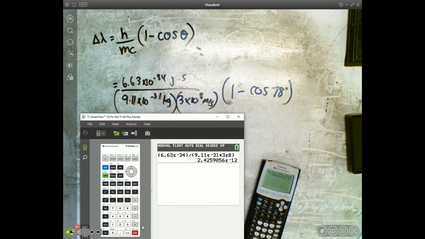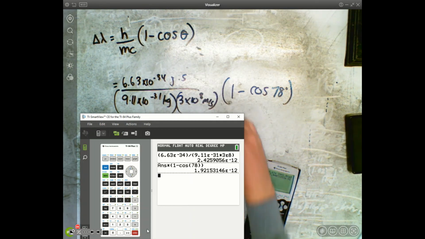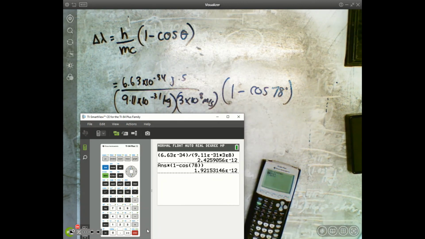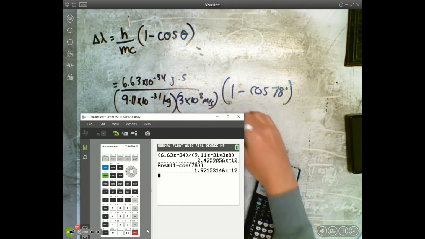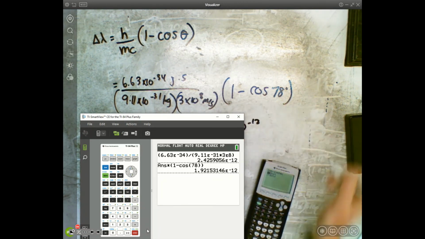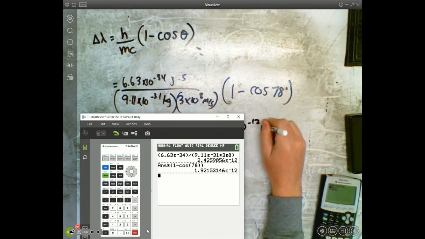And I'll just get an answer for that. Then I'll multiply that by 1 minus cos of 78, and I get 1.92 times 10 to the negative 12, and that would be meters.